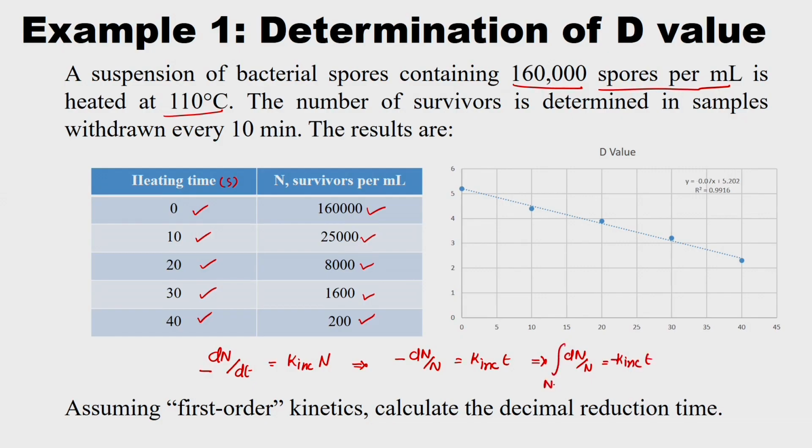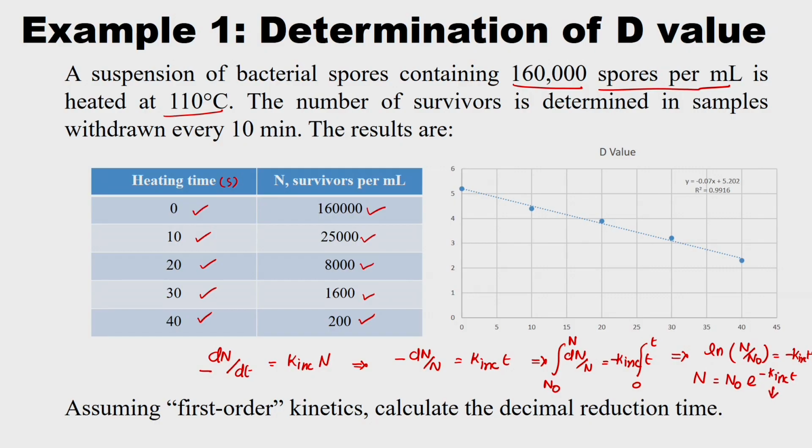This is integrated between initial spores N naught and final spores N, from 0 to t. If you write it in terms of ln, it is ln of N upon N naught equals minus k into t. So N is nothing but N naught e power minus k t.